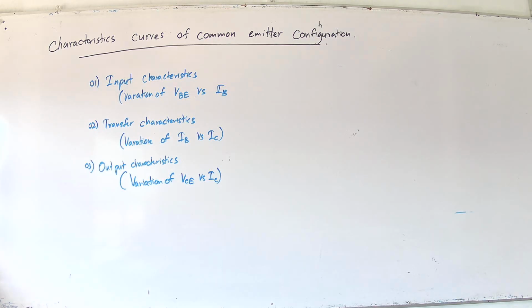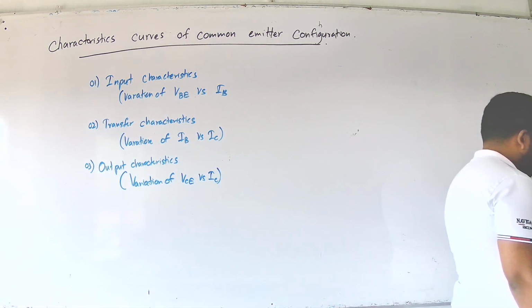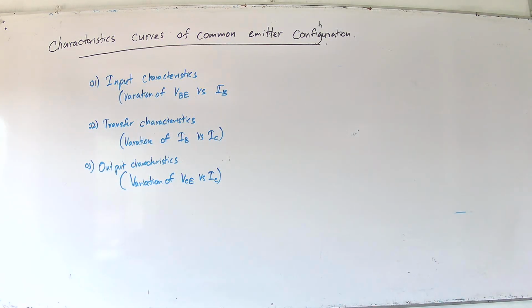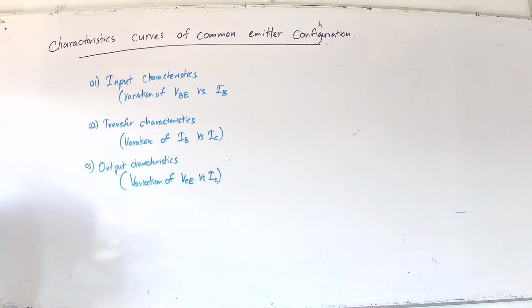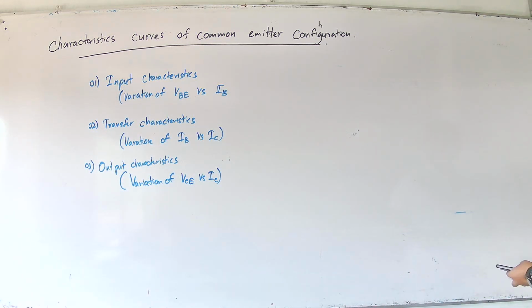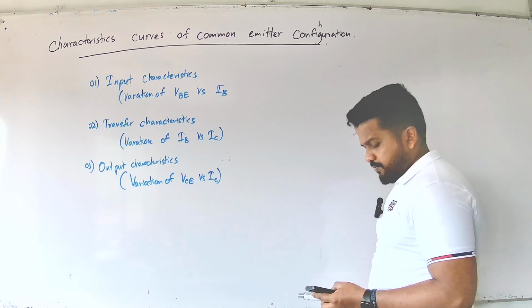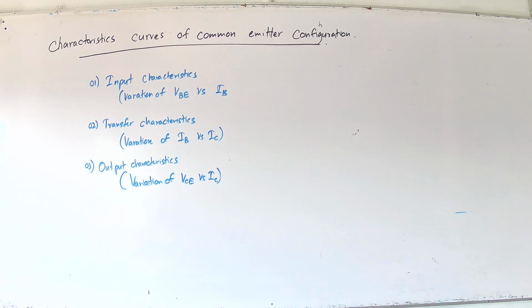The curves which represent this relationship graphically are called the characteristic curves.